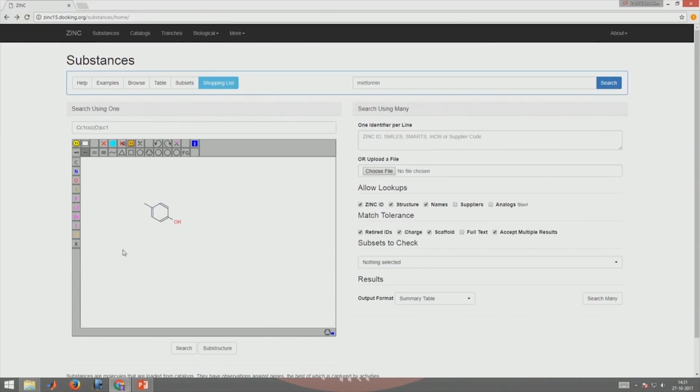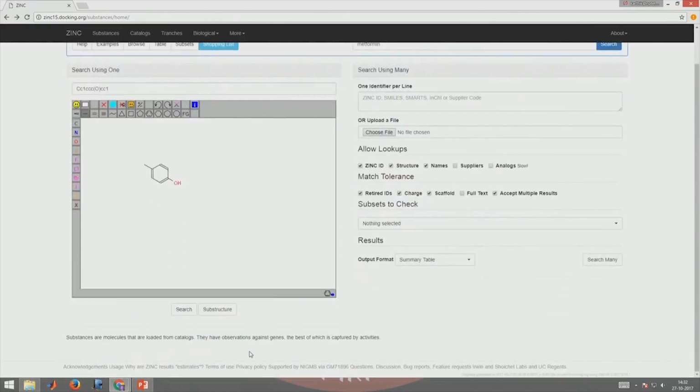Okay, so I am interested to look at molecules in the database which have this substructure. So, I can say substructure search.